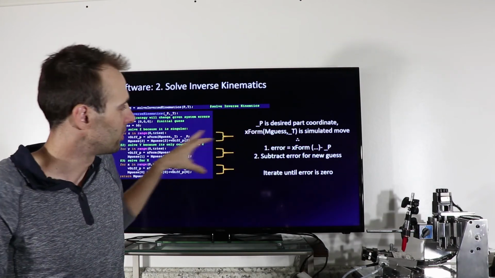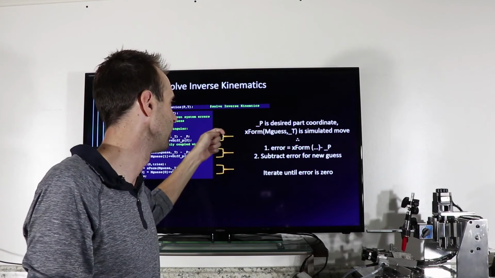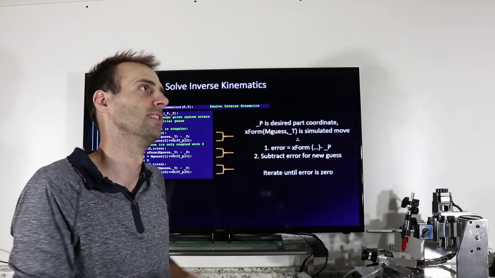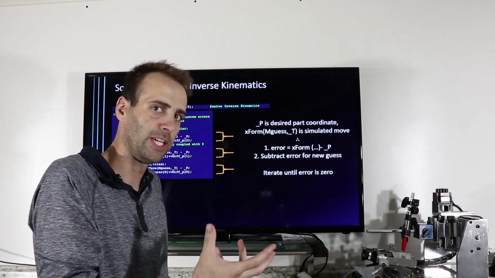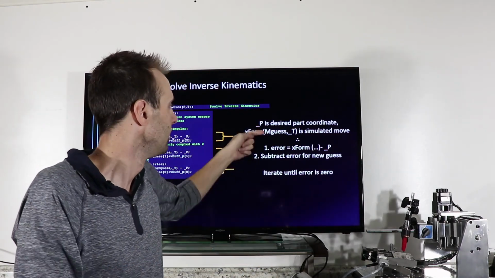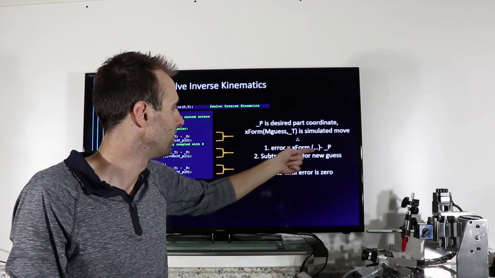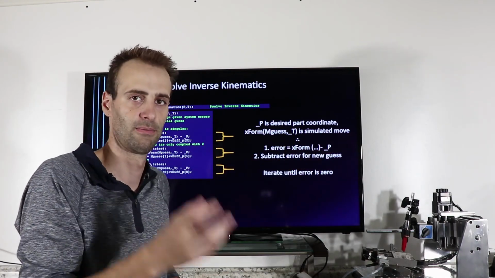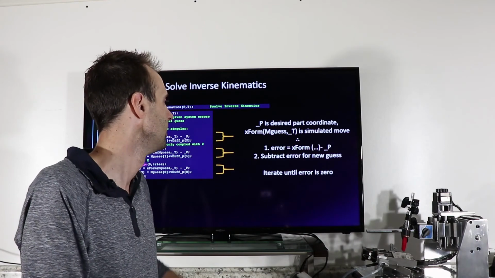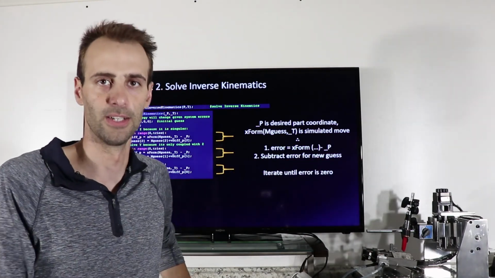Okay, so breaking that out, reiterating here, if p is the desired part coordinate and xform is the simulated part coordinate given the machine location or the guess, then my error is that xform return variable minus the desired part coordinate, and then subtract the error for a new guess, and then iterate until it's 0.